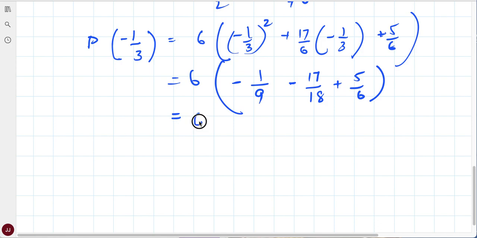So we have 6 into, let's take a LCM, 18 minus 2s are 18 minus 17 plus 6 3s are 18, 3 5s are 15.